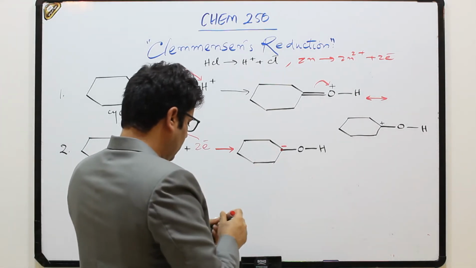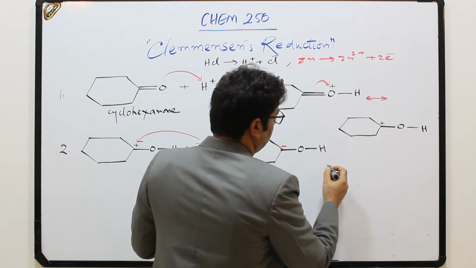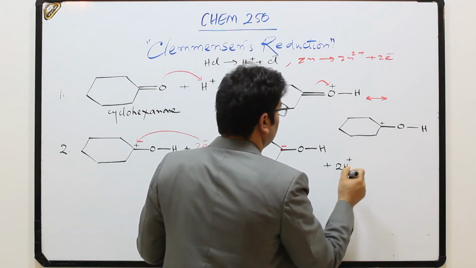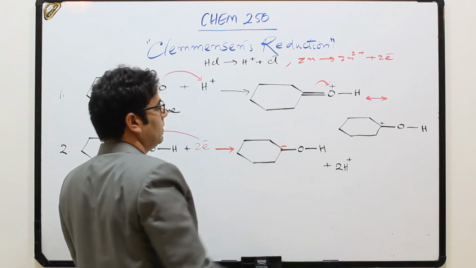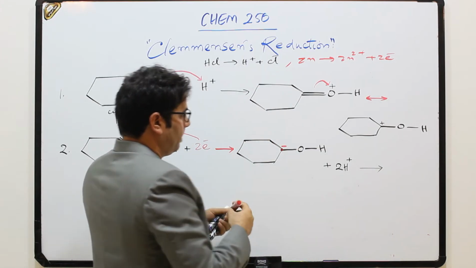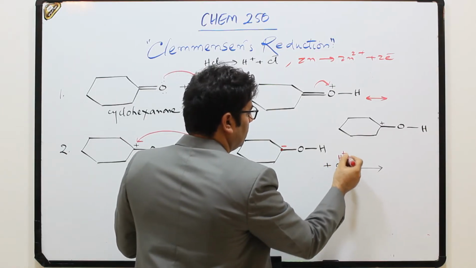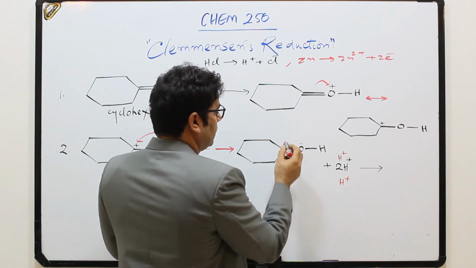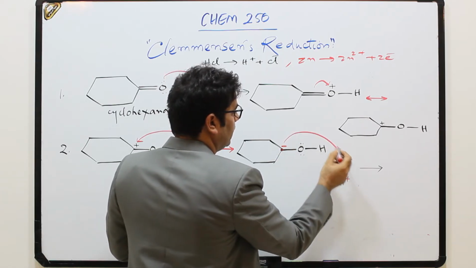Okay. So after this, what is going to happen? 2 hydrogens. Keep in mind, hydrogens are coming from HCl. So suppose 1 hydrogen up, 1 hydrogen down. So we have electron pair. This carbon will attack 1 hydrogen.